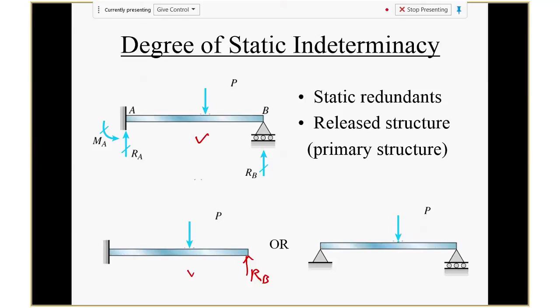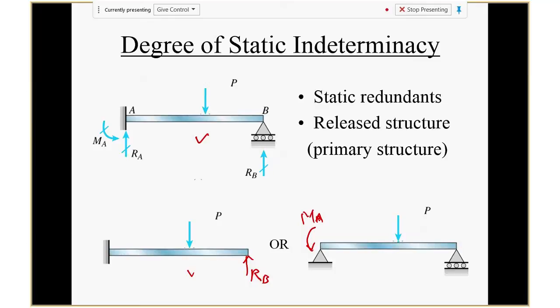So that's one way you can remove the redundant. Another way is, well, I can do it this way. I can change the original beam, the top one, to a simple beam. Then there is a reaction, say call this one MA. If the MA happens to be correct, then this beam will be back there.